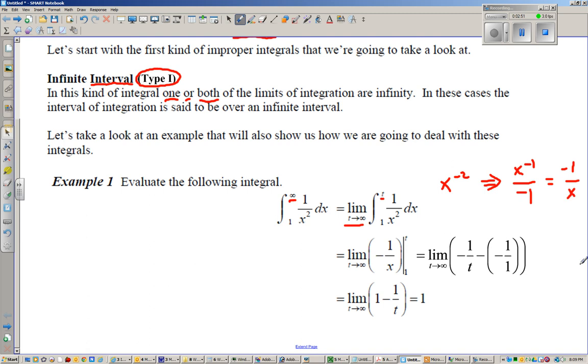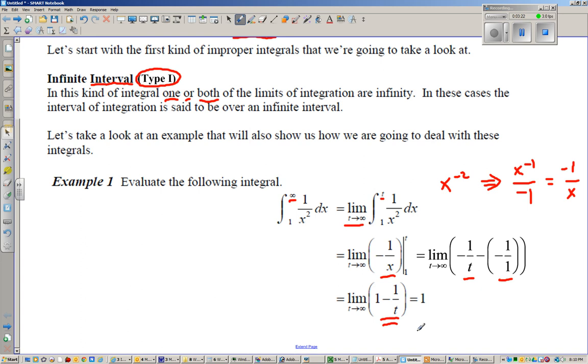So I've got that right here, negative 1 over x. Our upper limit is t, our lower limit is 1. I go ahead and plug those in. Before I did that, I thought, this is minus a minus. Let's just flip these terms and make this 1 minus 1 over t. Just a little easier on the eyes, I think.